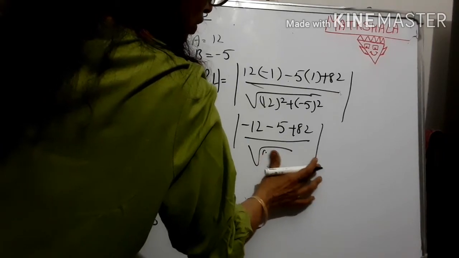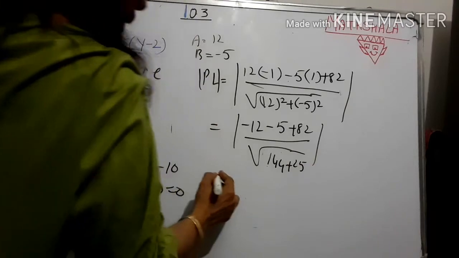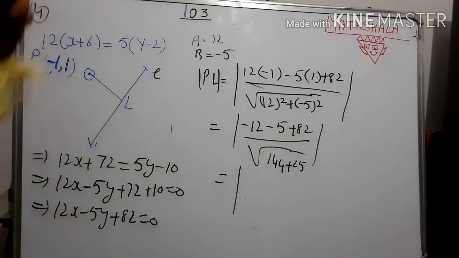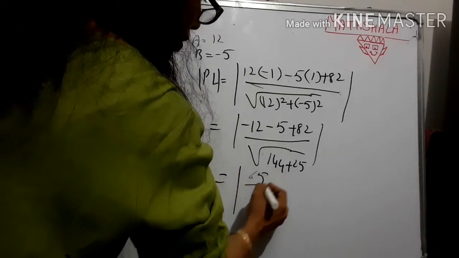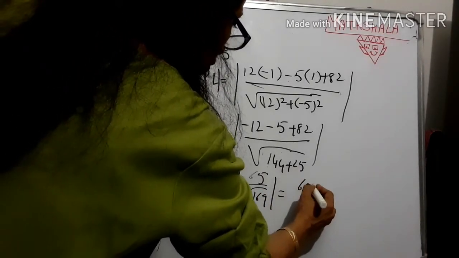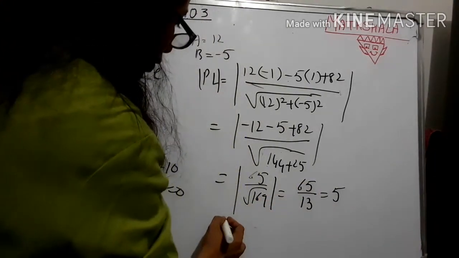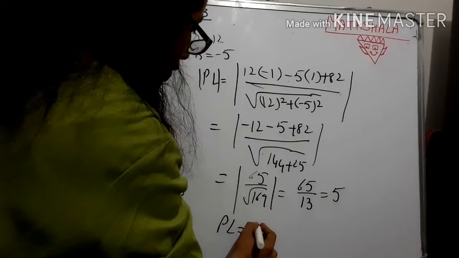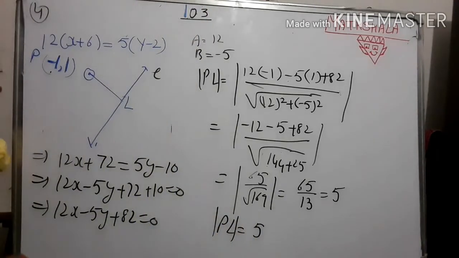It is 144 plus 25, and then we have 65 upon 169, which is equal to 65 upon 13, that is equal to 5. So the distance between the given point and the line is equal to 5. This is the distance we are getting. So just have a look and we'll move to the next question.